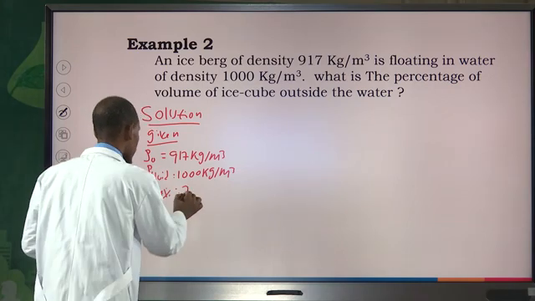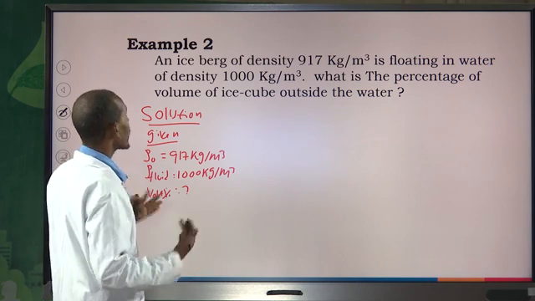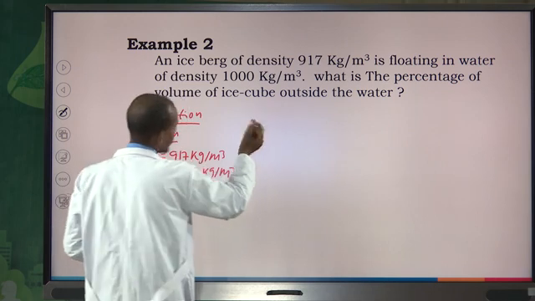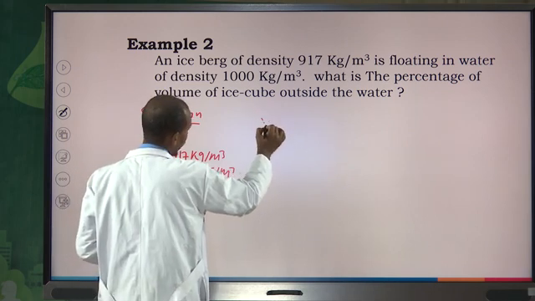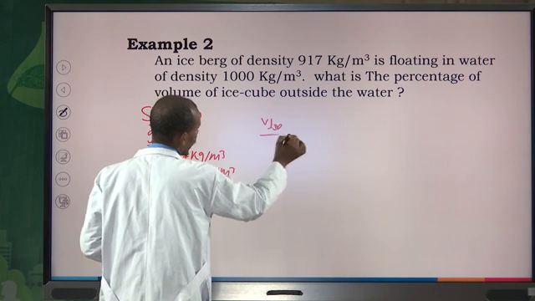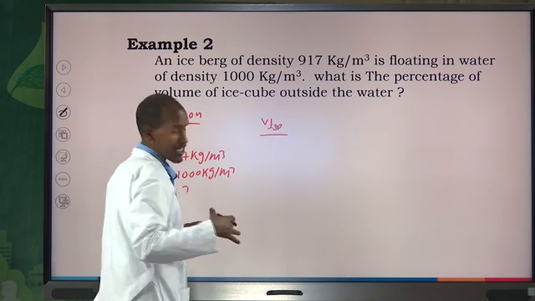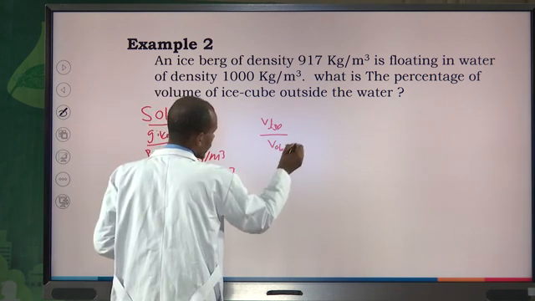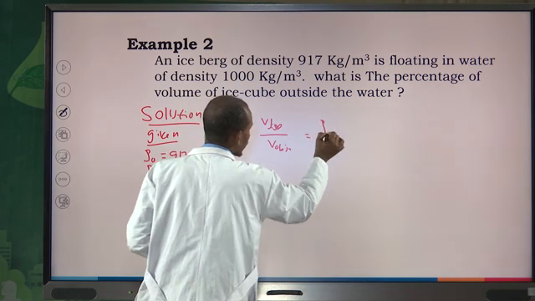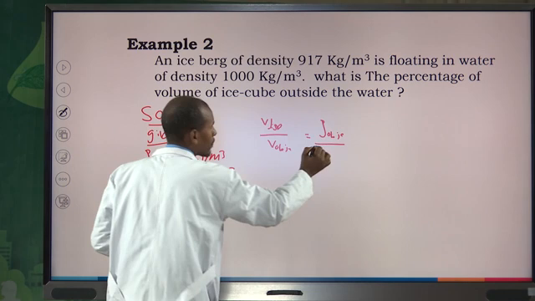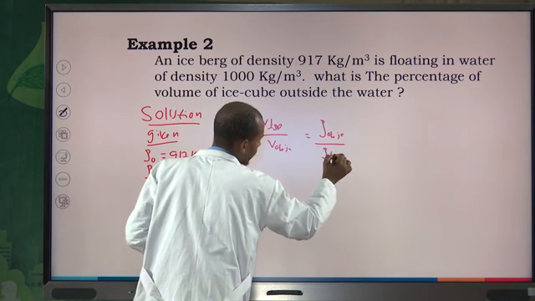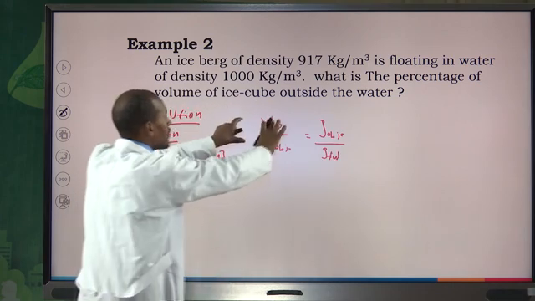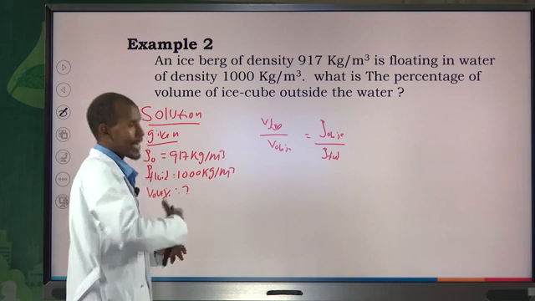To solve this problem, we can use the ratio of the Archimedes principle. That is, the volume of displaced fluid, which is the part of the volume of the object below the surface of the fluid, over the volume of the object is equal to the density of the object over the density of the fluid. After we calculate this, we can express it in percent.